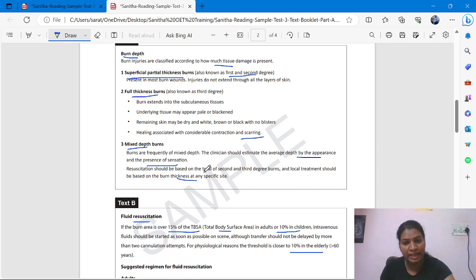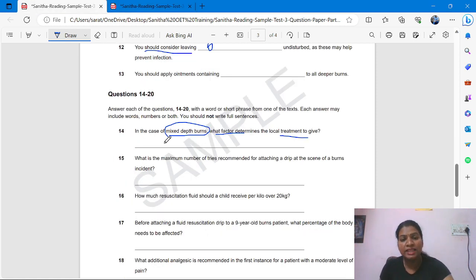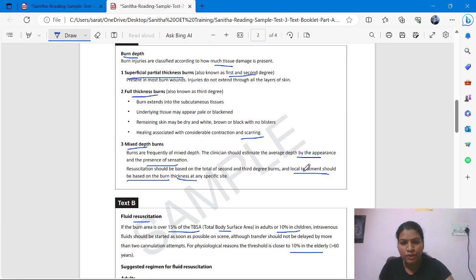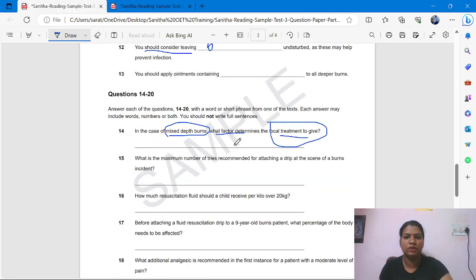The restitution should be based on the total of second and third degree burns and local treatment. What is the keyword? Local treatment should be based on the burn thickness. What is the question they are asking? In the case of mixed depth burns, what factor determines local treatment to give? What is the option here? Local treatment should be based on the burn thickness. We have to write the word here: thickness.